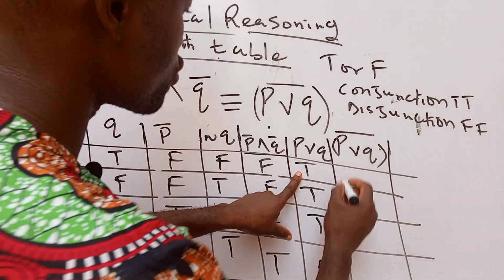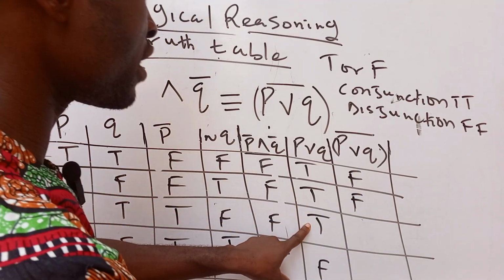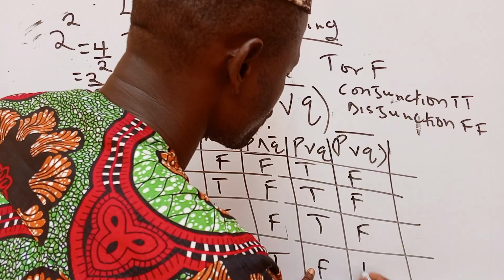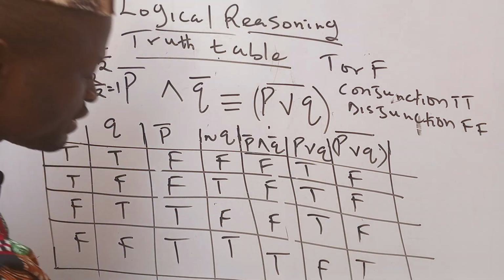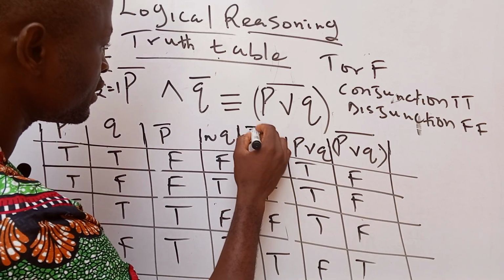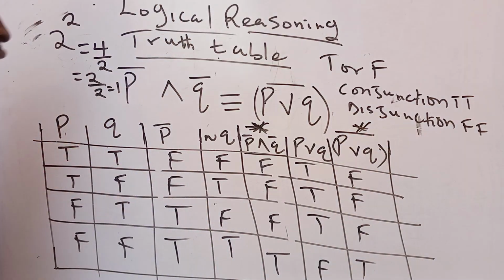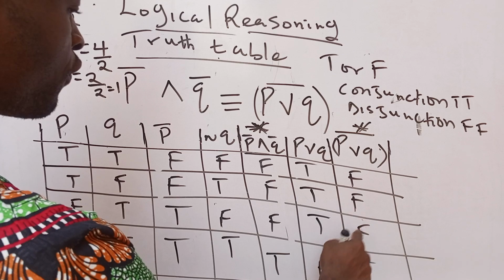If a statement is true, its negation is false. If a statement is false, its negation is true. So the next thing, I want you to check this place and this. Here you have false, true, false, true.